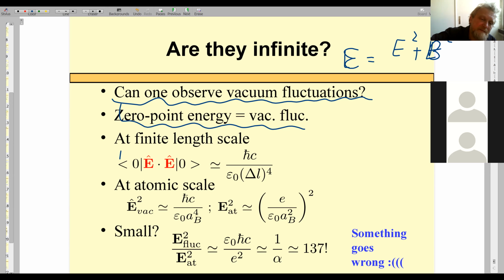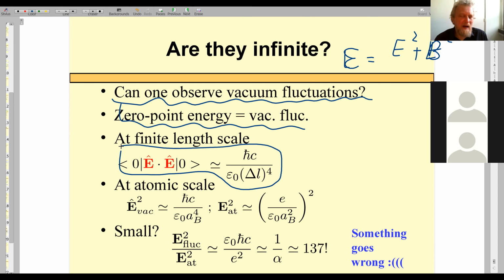That's what we get at finite length scale. And inspired by a previous example, we can evaluate this fluctuation at atomic scale. Right, just substituting the Bohr radius.